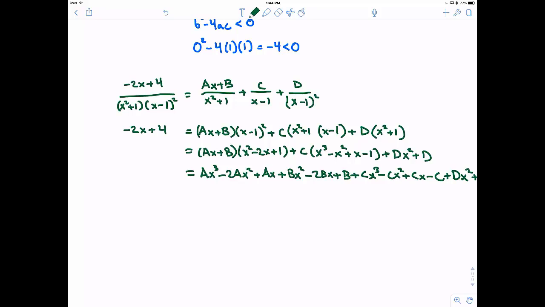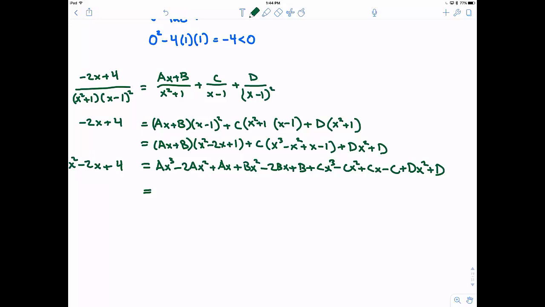Okay. On the right-hand side, we have cubed terms, squared terms, linear terms, just x to the first power, and then the constant stuff. So let's start to group these things. All the cubes: I have one with an a and one with a c in front of it, and that looks like about it. So a plus c times x cubed.